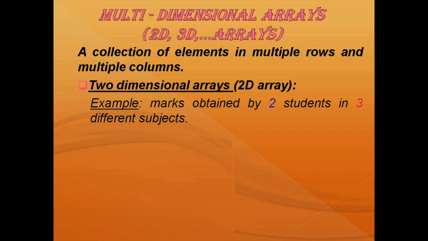For example, the marks obtained by two students in three different subjects can be represented by a two-dimensional array. Please remember, in the one-dimensional array, I gave the example of the marks obtained by one student in three different subjects. So that was the one-dimensional array. Now I am talking about two students in three different subjects. Means here it becomes a two-dimensional array.